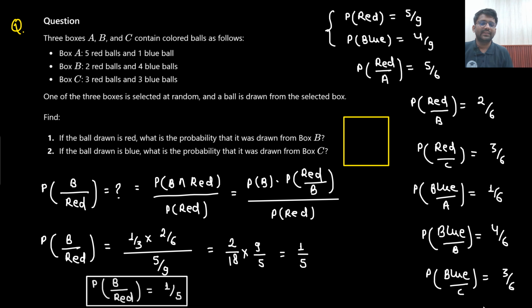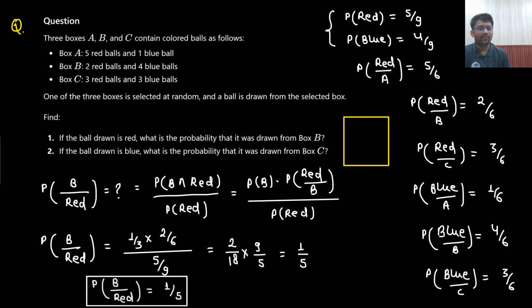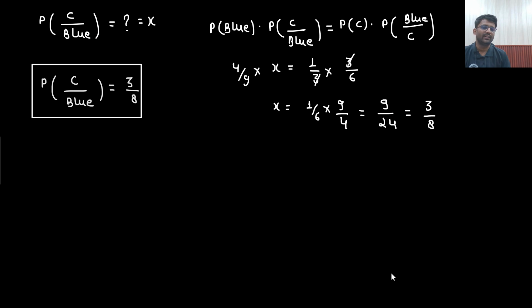Although here I deliberately wrote down this formula, I never believe in writing down this formula. I always believe in going by this process. In the examination I would have gone by this process, because very easily I will be able to write down blue, then C by blue, then C multiplied with blue by C. So the answer will be 3 by 8.